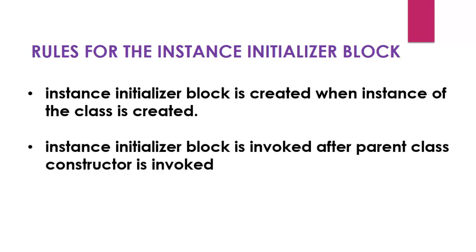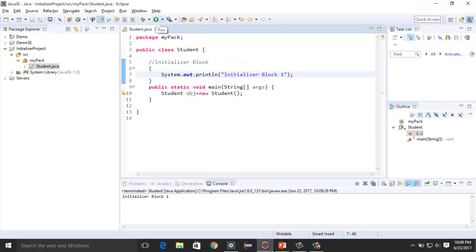And next, initializer block is invoked after parent class constructor is invoked. Okay, fine. Here we don't have parent class, but we all know that each class extends one class, that is object class, and object class is parent class of our class. So here by default it's extending object class, so there must be a constructor.